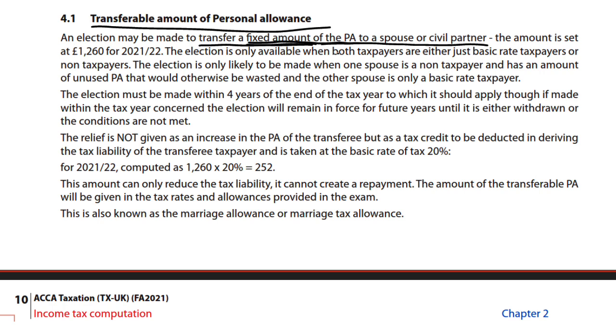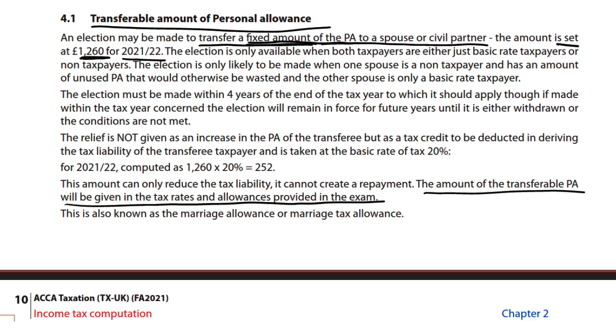Don't worry, it's not one that you're going to have to learn, though you probably will remember it, because it is given within your rates and allowances. Now, the amount is set at £1,260 for our 21-22 tax year. And again, that amount, the amount of the transferable personal allowance, will be given in the tax rates and allowances provided in the exam.